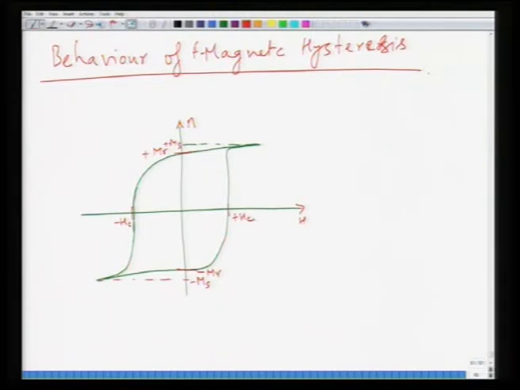So, you start at this point, let us say O, and initially this point corresponds to a virgin state, and what this means is that M net is equal to 0, there is no magnetization, and then you slowly start increasing, and it goes like this.